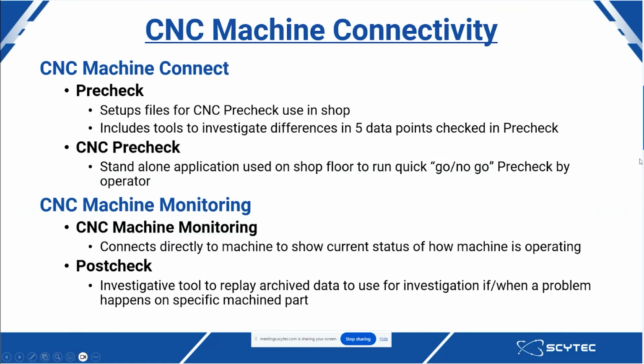Think of Postcheck as an investigative tool: as serialized part numbers are being machined down on the shop floor, data is being recorded of how the machine was behaving, how it was moving, parameters that were set, and whatnot. Then, should there be an issue down the road, you can go grab that archived data and replay it to investigate what happened, should you have gotten a discrepant part or something like that. So those are the 4 modules that we're going to show you in just a few moments.